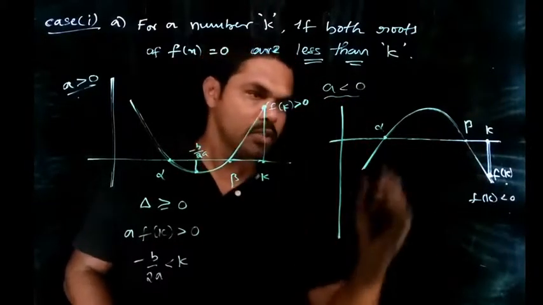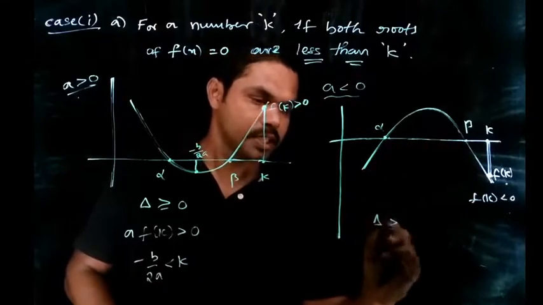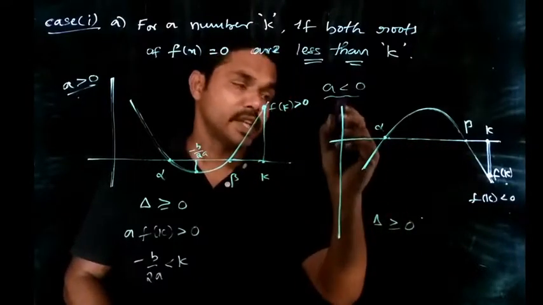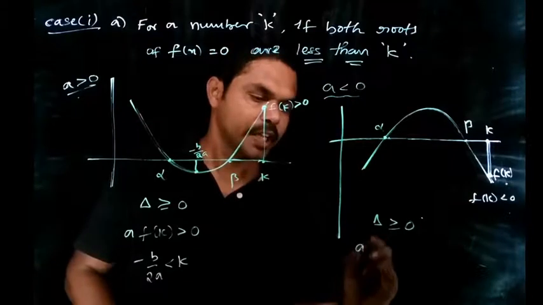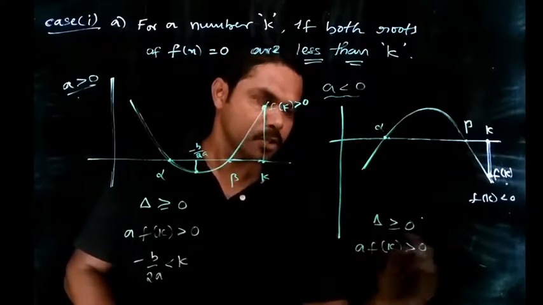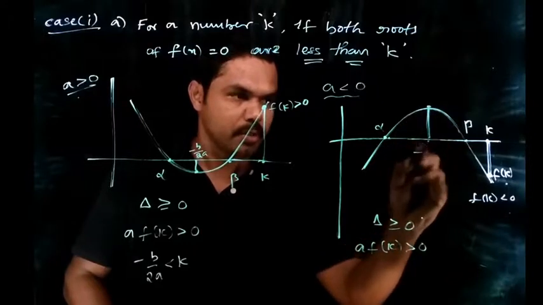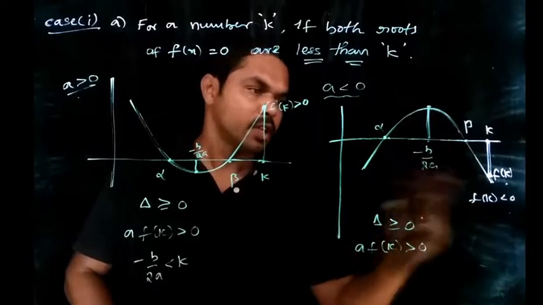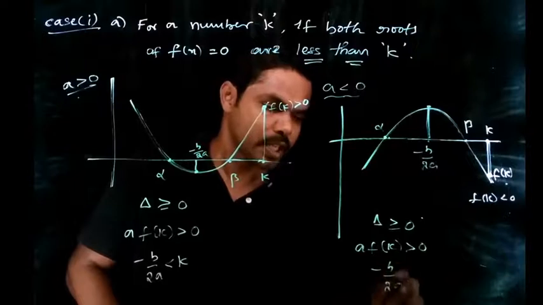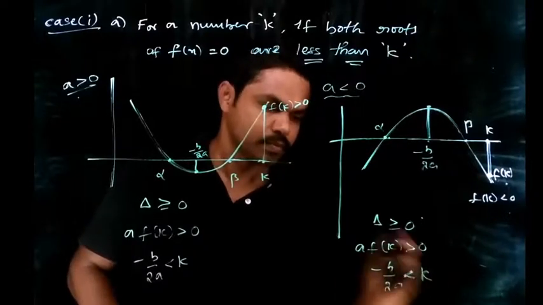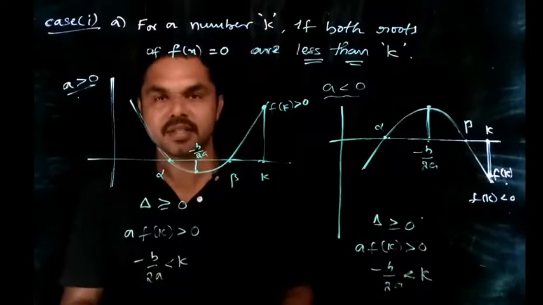Here also we got 2 roots, so delta is greater than or equal to 0. a is negative and f(k) is negative; negative into negative gives positive. This is the vertex, so here also minus b by 2a is less than k. So these are the conditions for this particular point.